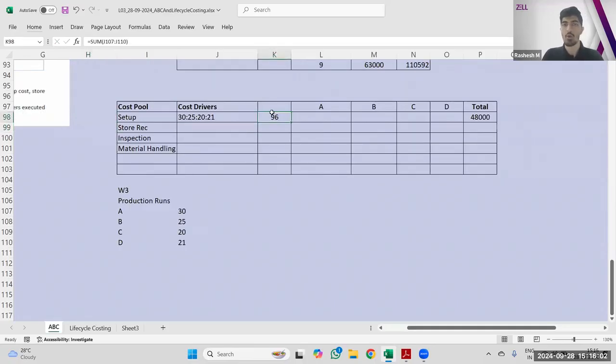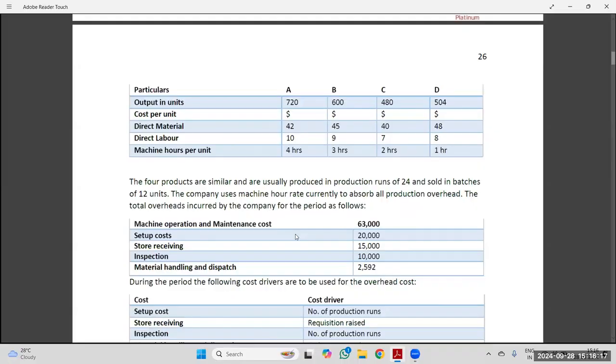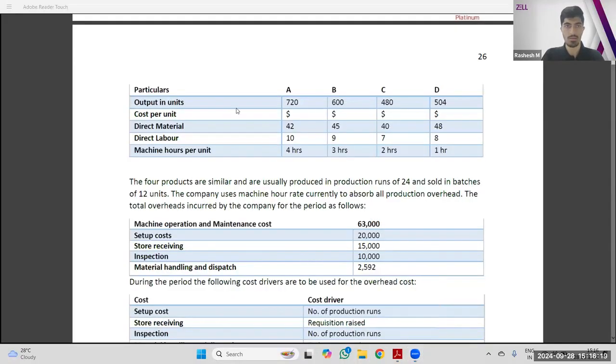The tougher part is done. All you need to do is split the 48,000 across the 4 products in this ratio. Sir, could you please explain this again? One second, my Excel.